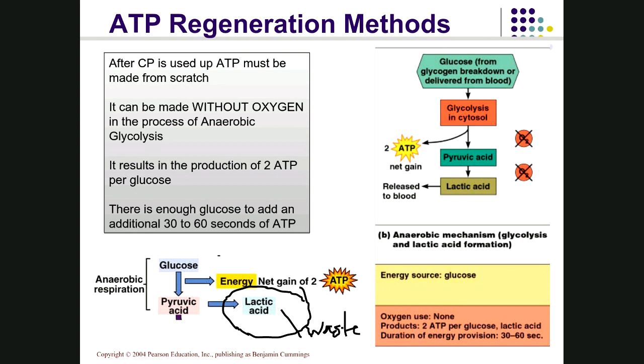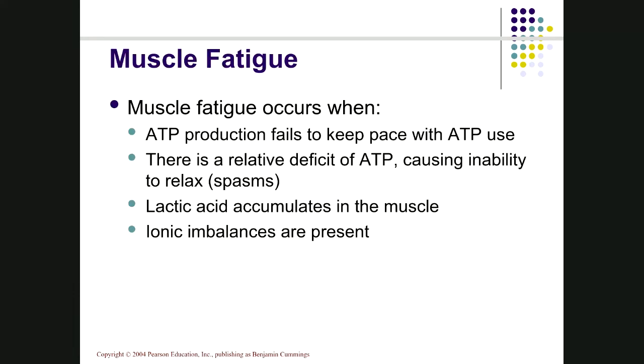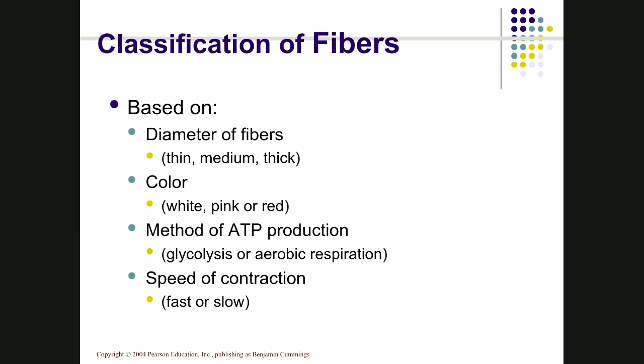One of those waste products is lactic acid. So when you build up lactic acid, you also change things like ion concentration. You wind up with this deficit of ATP. Sometimes that can cause things like spasms.